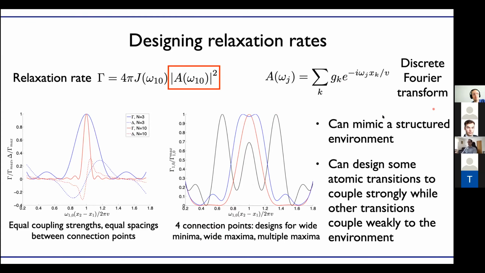Black, you have 2 different maxima, and so on. You can design anything you like, and we will use that in the experiment I will talk about later. But this is basically a take-home message: that for a single atom, you can design frequency-dependent relaxation rates.